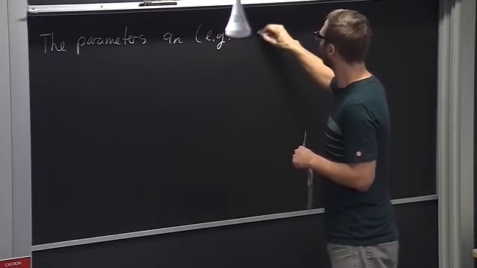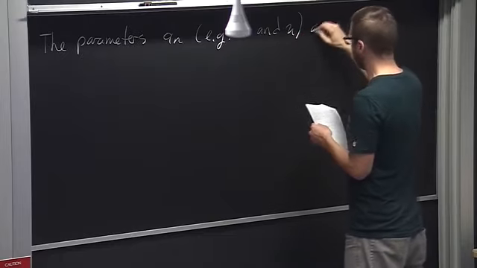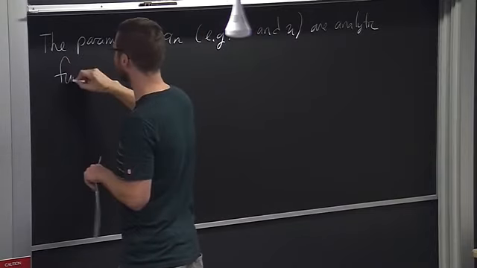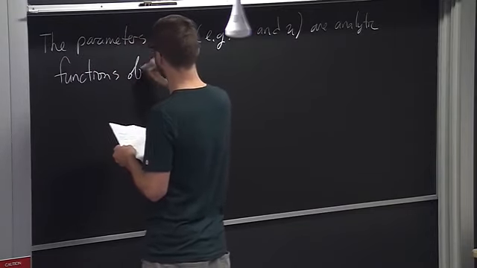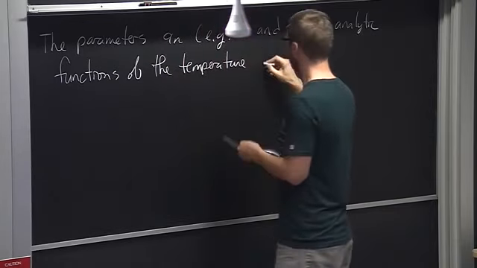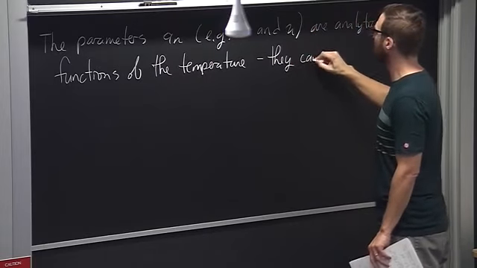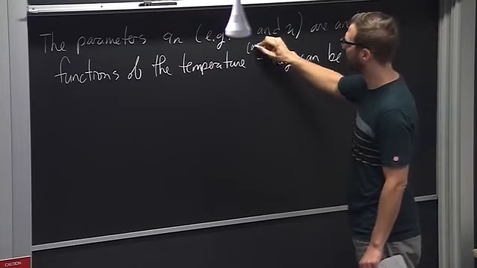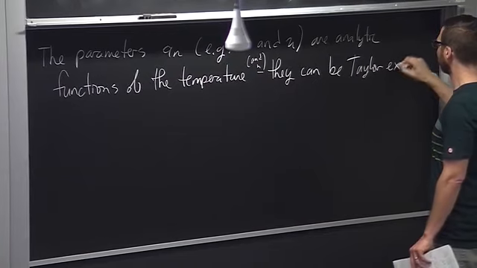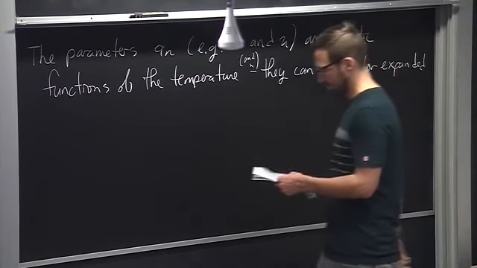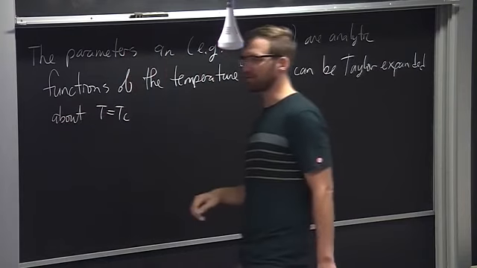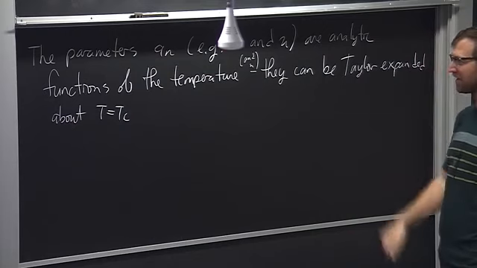It's my R's and U's. Temperature and field, they can be Taylor expanded. Everything's just a Taylor expansion within a Taylor expansion until there's nothing left.